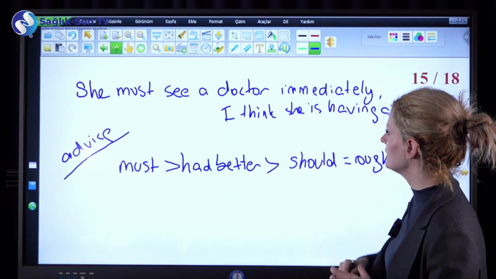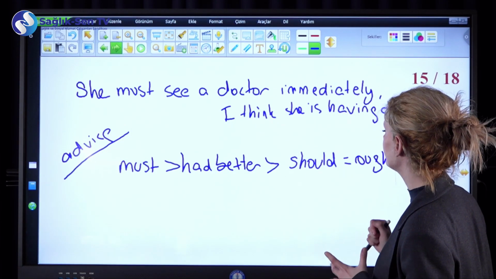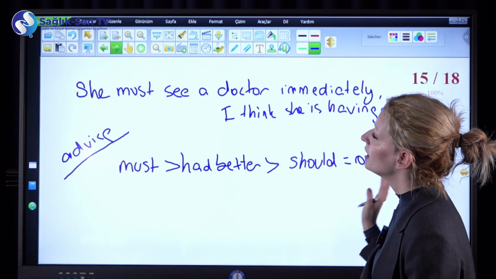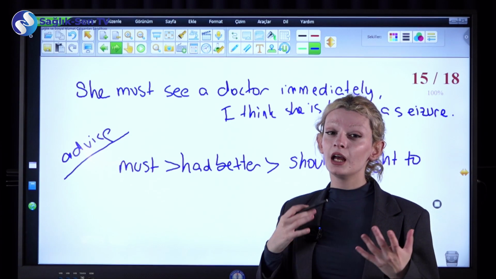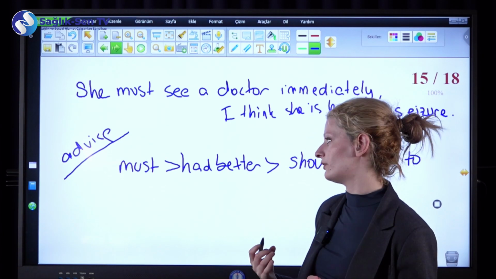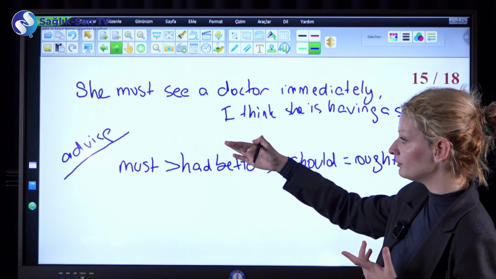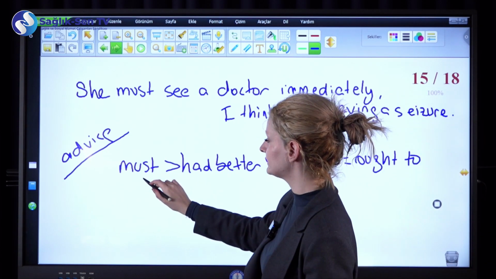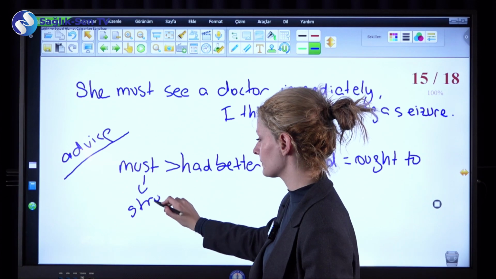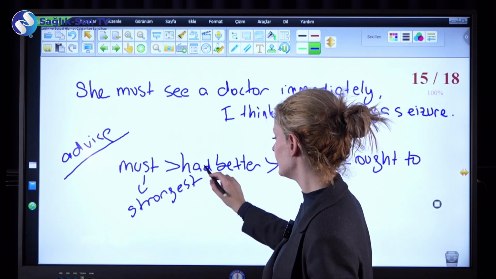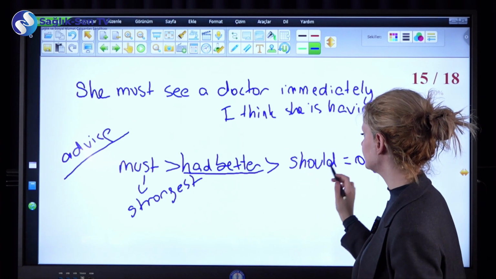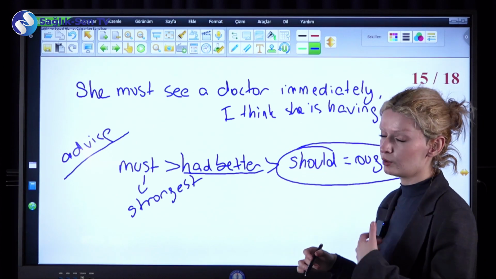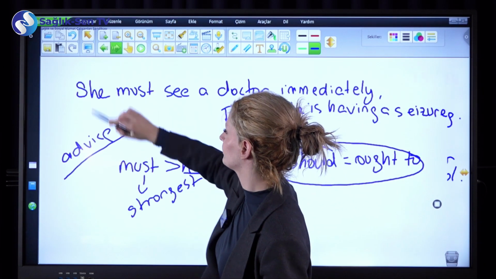Here, she must see a doctor immediately. I think she's having a seizure. In this one, you can see a really strong advice. And when it comes to advice modals, must is the strongest. Then had better comes, and then should and ought to are equal.